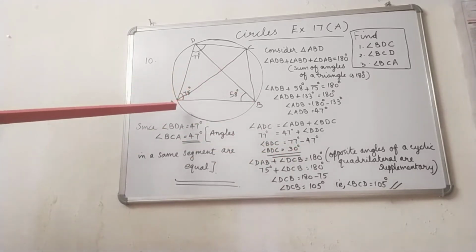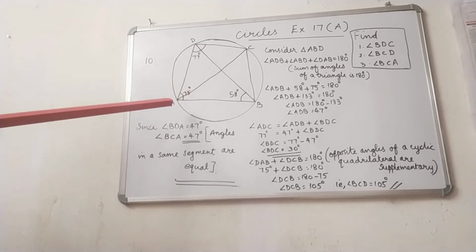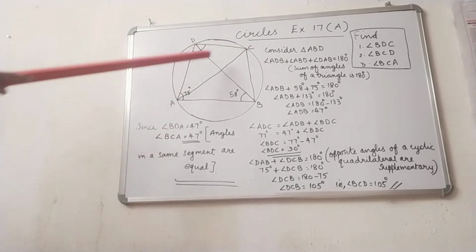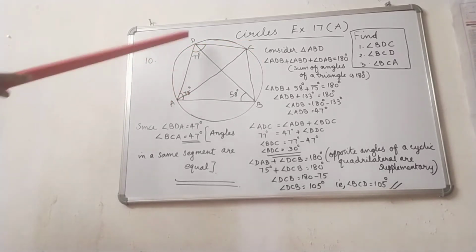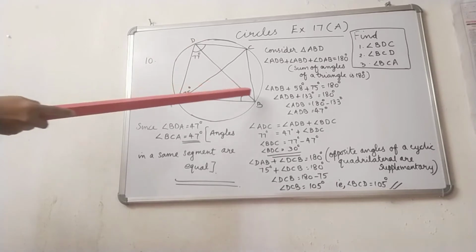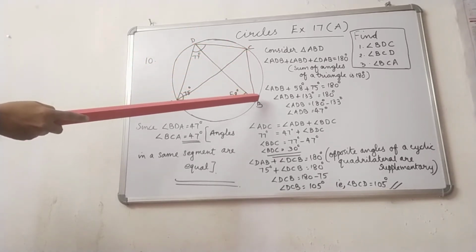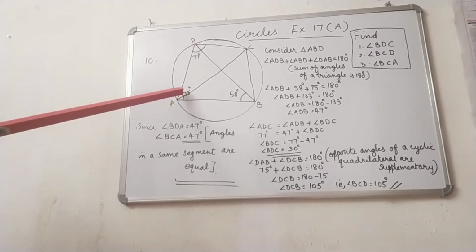Then consider this angle A and angle C. These are opposite angles of a cyclic quadrilateral. Opposite angles of a cyclic quadrilateral are supplementary. So that means angle DAB plus angle DCB is equal to 180 degree. We know angle DAB is equal to 75. So we can substitute that.